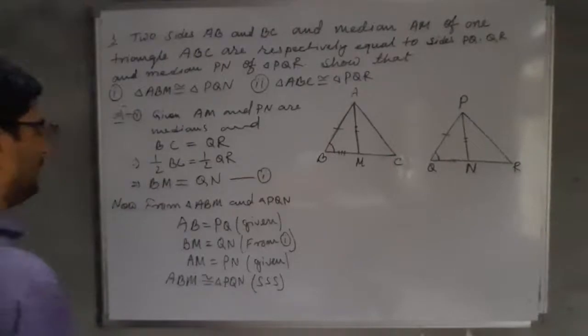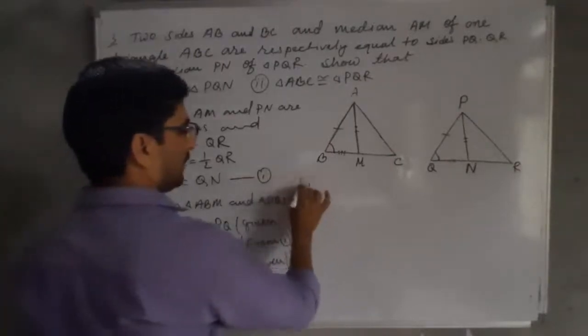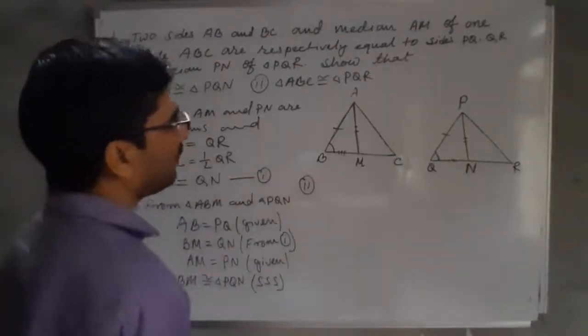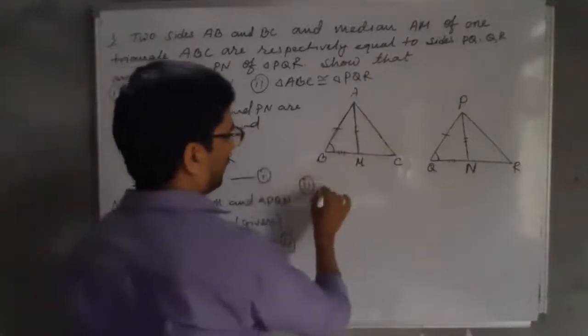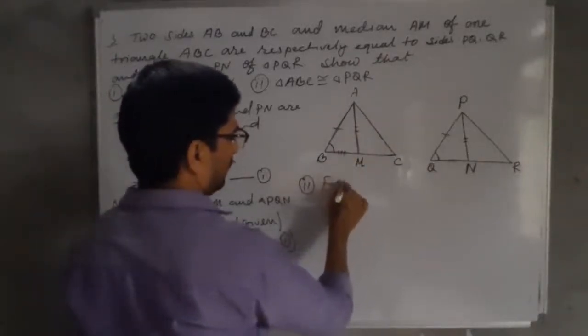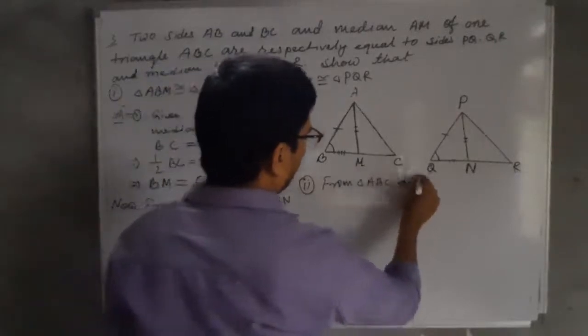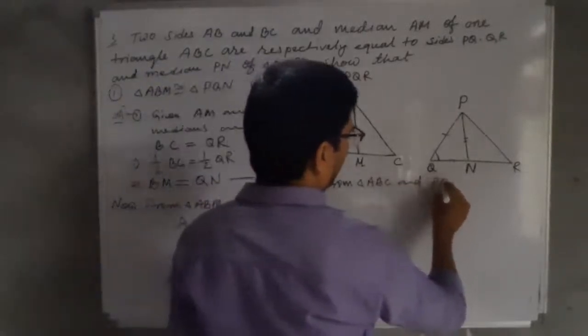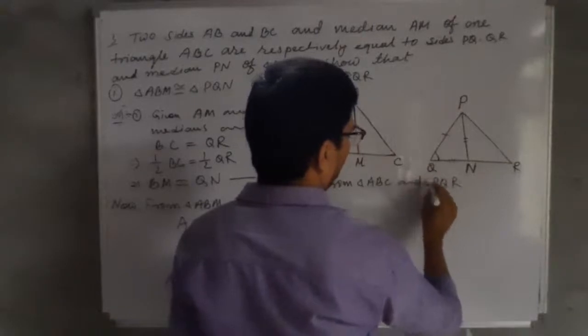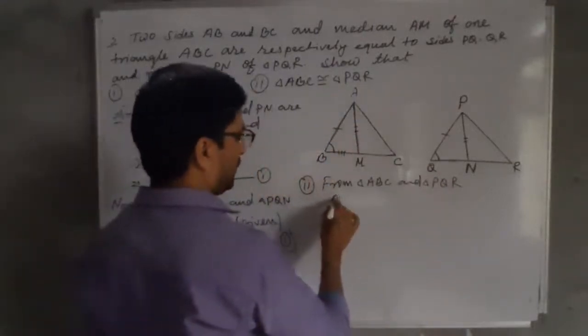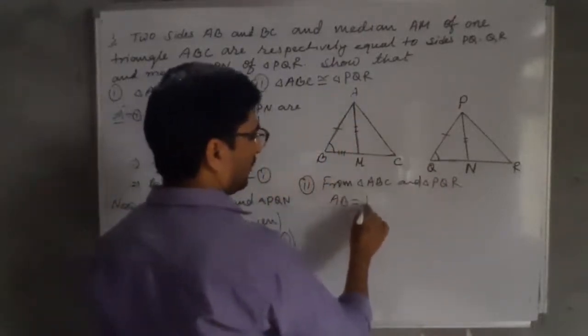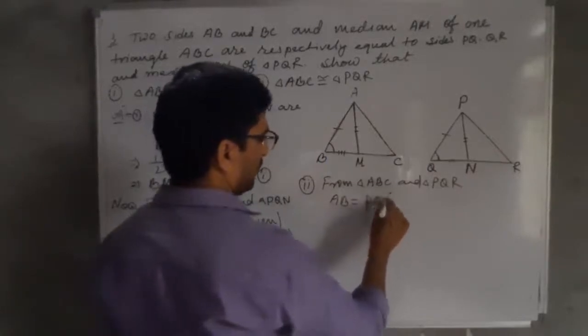Okay. Now in the second case, now from bigger triangles, from triangle ABC and triangle PQR. From these two triangles you check, AB is equal to PQ. This is given.